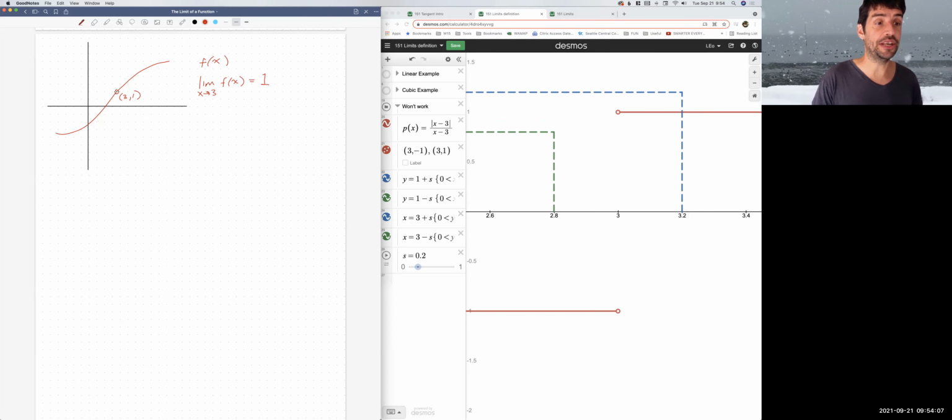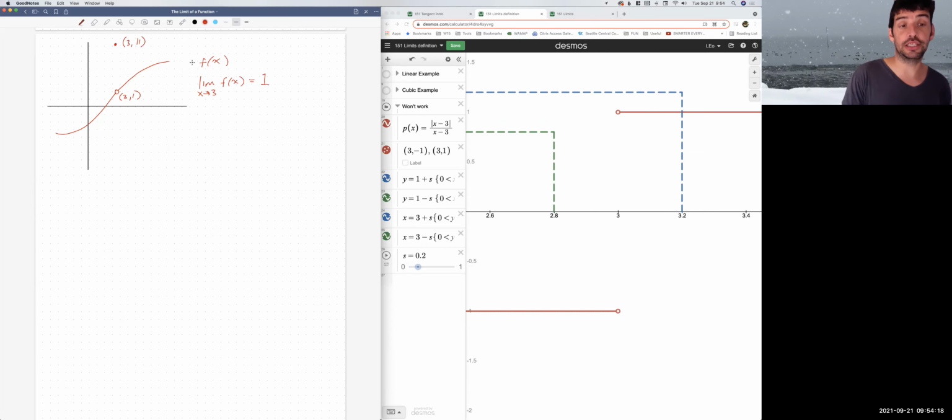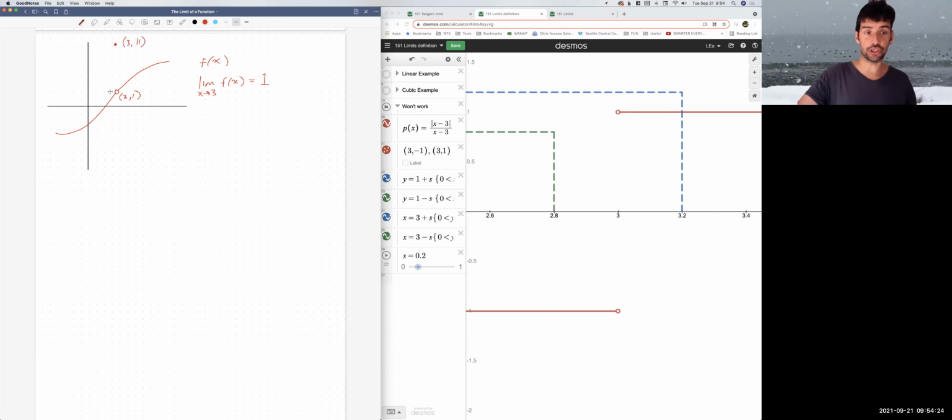Or maybe I redefine the function to be some other value, like 311, right? It doesn't change the limit because the limit doesn't care what happens at that point. It cares what happens near it. And if you look at the picture, the values of the function are getting closer and closer to 1 as x gets closer and closer to 3. So this is one kind of limit that we will see.